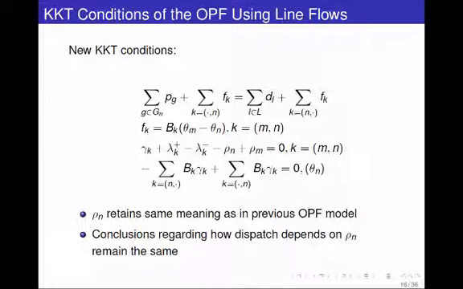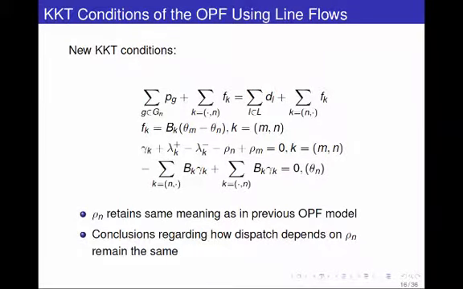We have the different primal relationships here, and we have these two new different stationarity conditions. So if you think of the sensitivity, the rho that we saw earlier in the first model has the same sensitivity interpretation in this model.